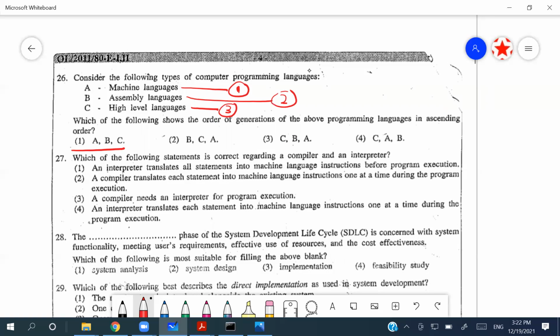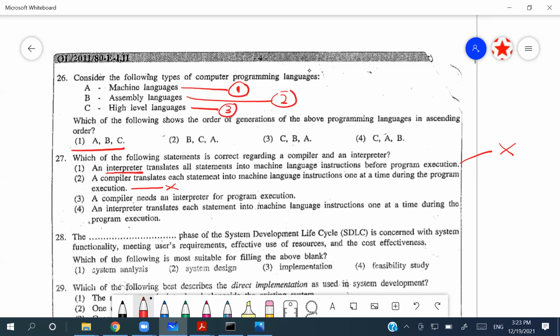All right. The first one says an interpreter translates all statements into machine language instructions before program execution. No, that's the task of a compiler, so it is wrong. A compiler translates each statement into a machine language instruction one at a time during program execution. That is the task of an interpreter.